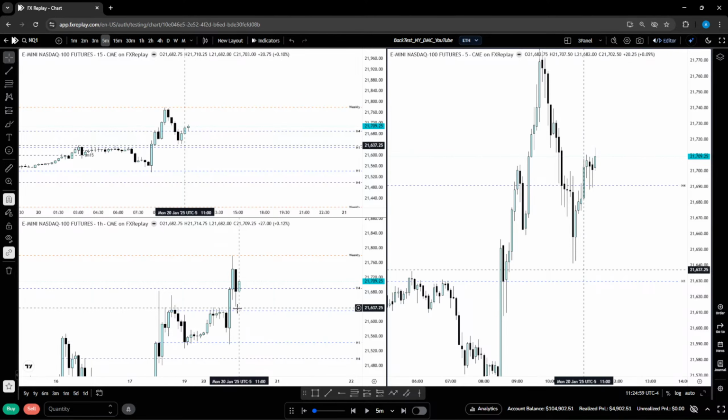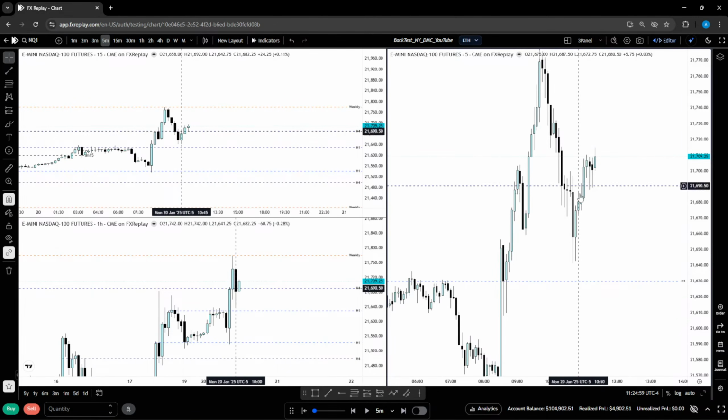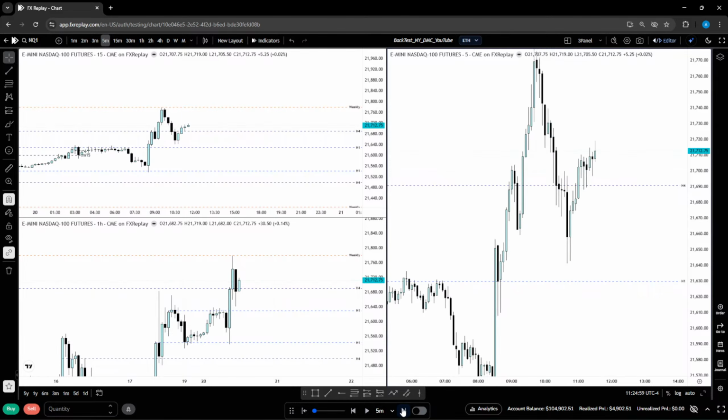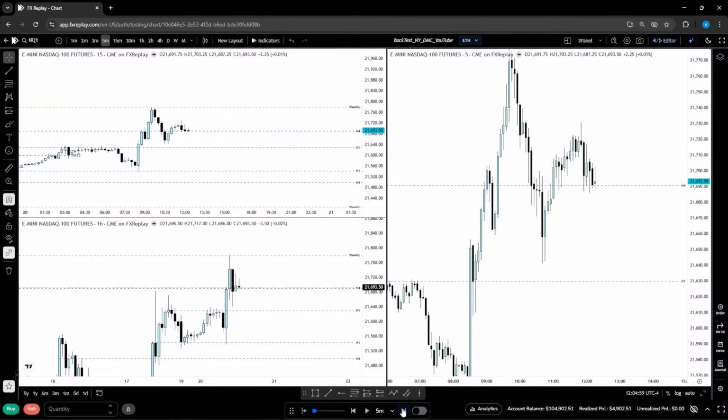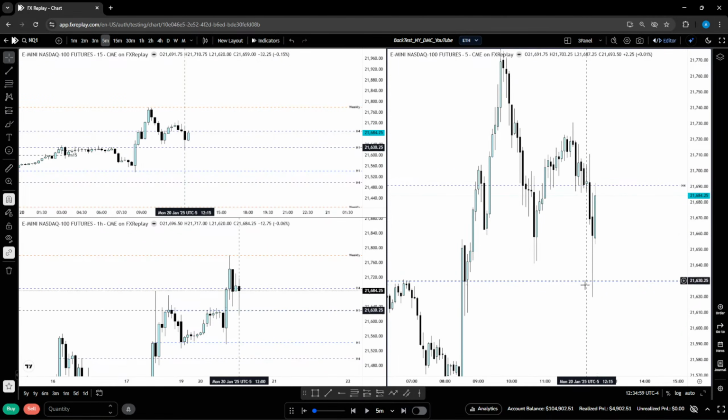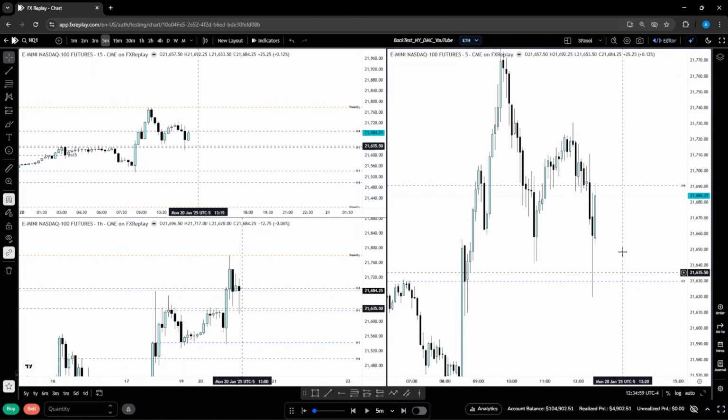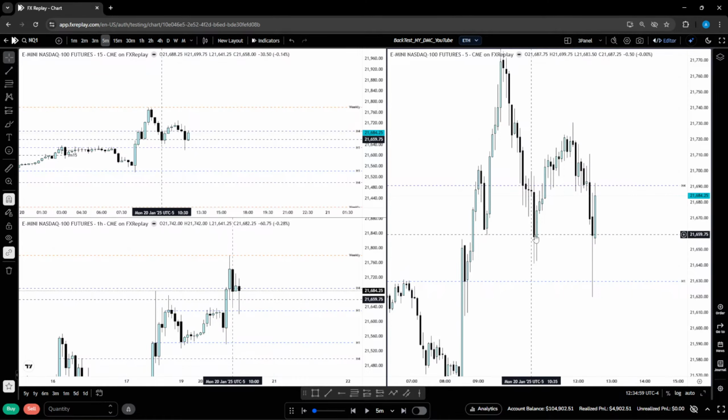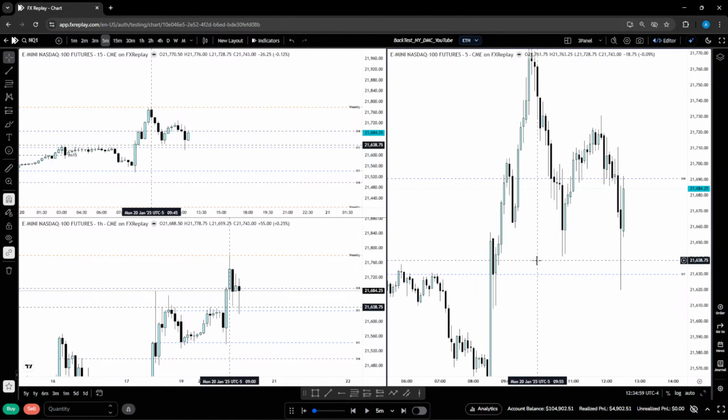This level is not tested yet, so it's a bit dangerous to go long. There we go. Now it is tested. It is tested and it is closed above the previous low.